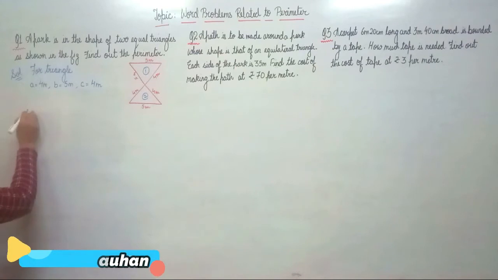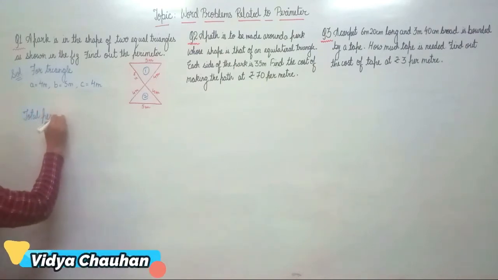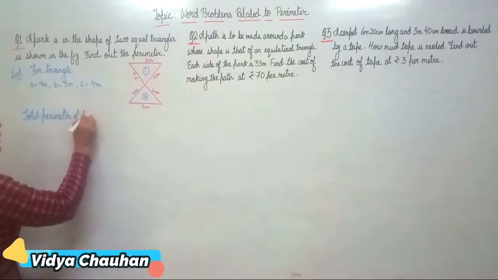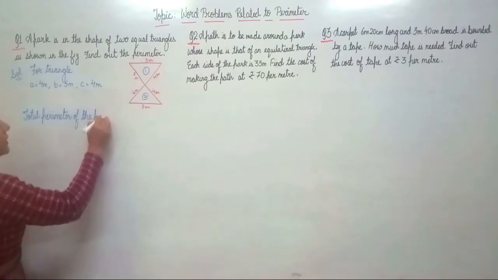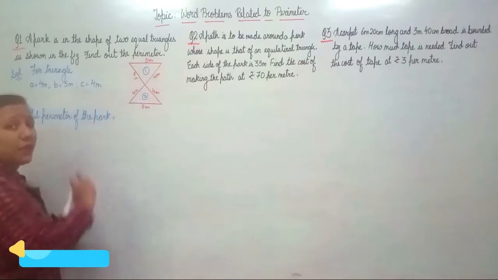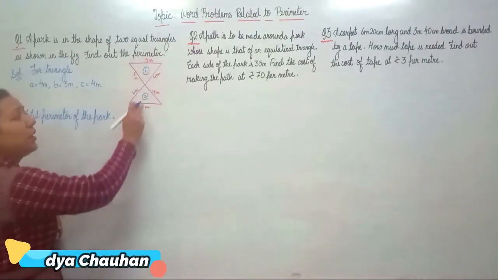Okay. Now after that, the total perimeter of the park. What is it equal to? Is it equal to the perimeter of these two triangles? Yes, because we have to measure its outer boundary.